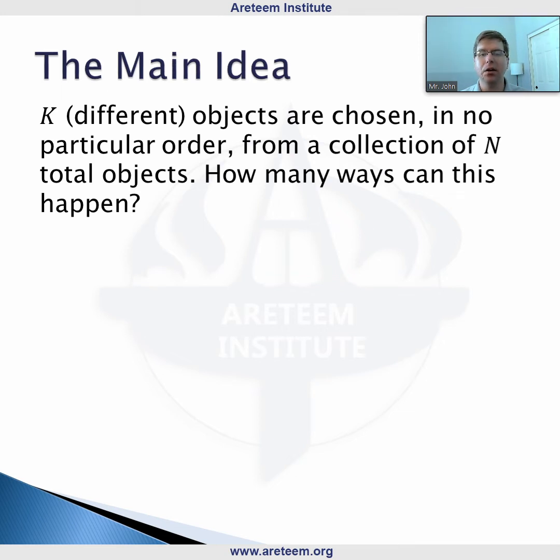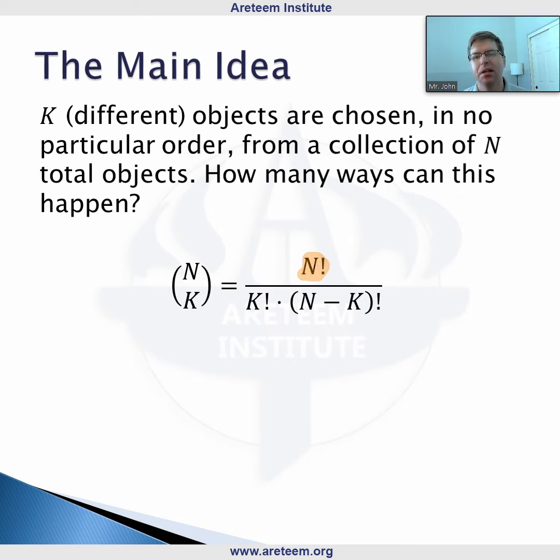And here we want to introduce some notation as well. So we have the number of ways this can happen. Our answer here on the right side should not surprise us. There's n factorial total objects. We have to divide by n minus k factorial like in the permutation. And now we have this extra k factorial as well.